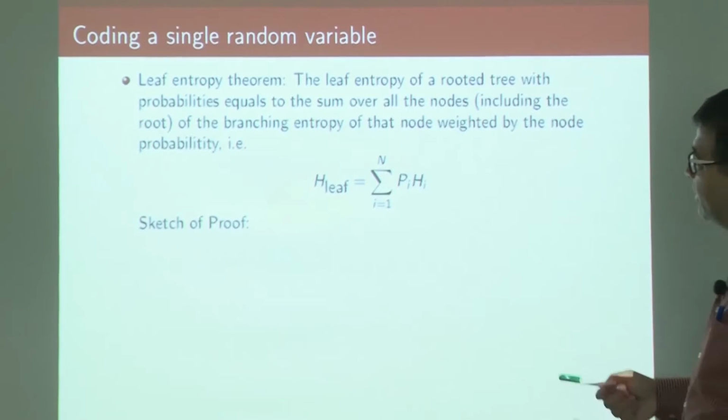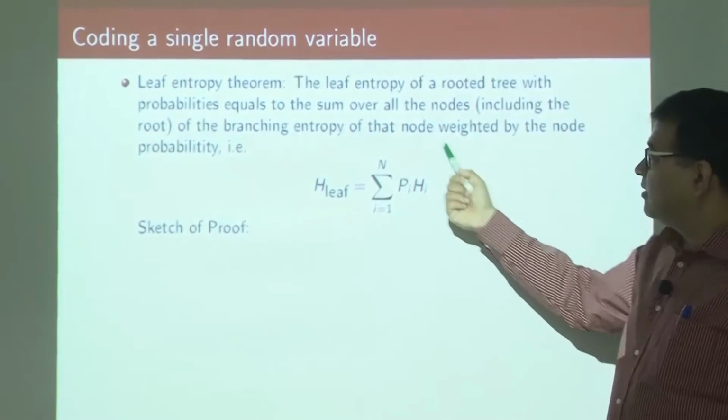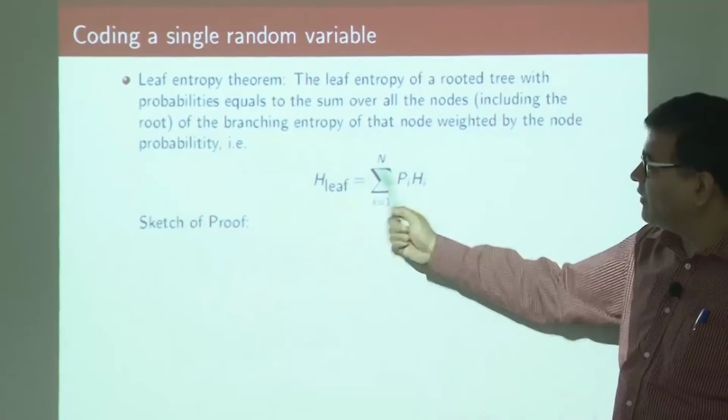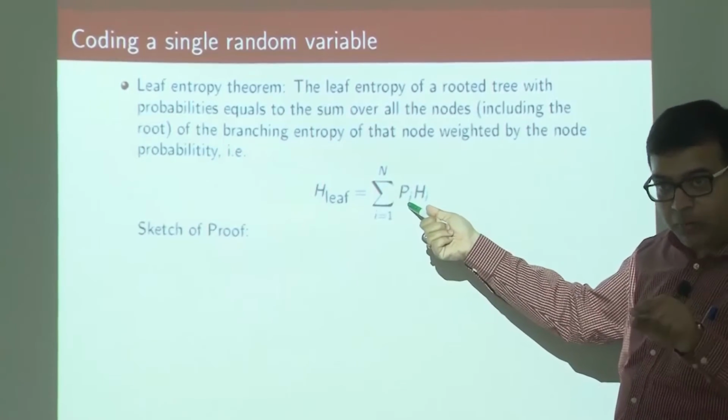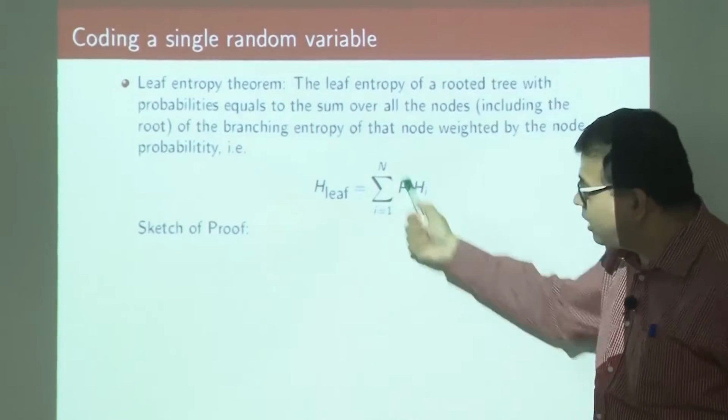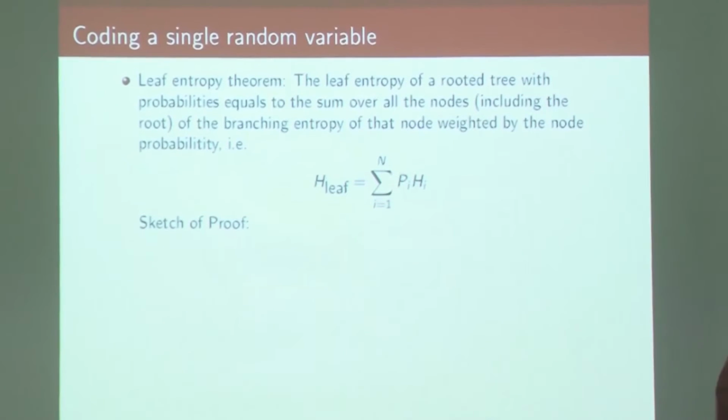So the leaf entropy is given by the branching entropy multiplied by the probability of that particular node, summed over all the nodes including the root node.